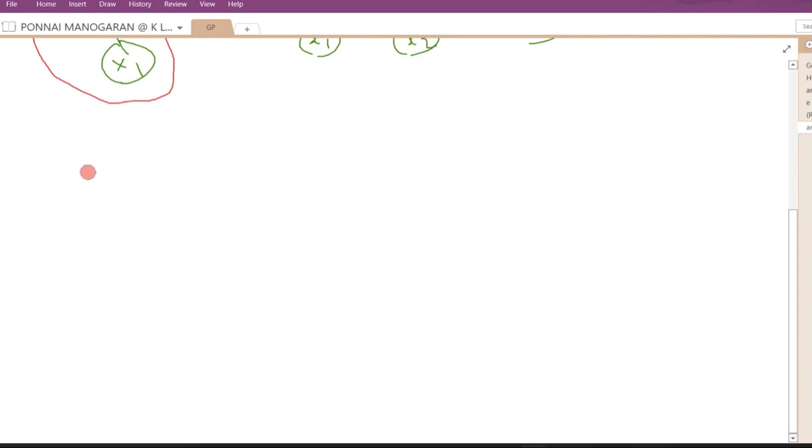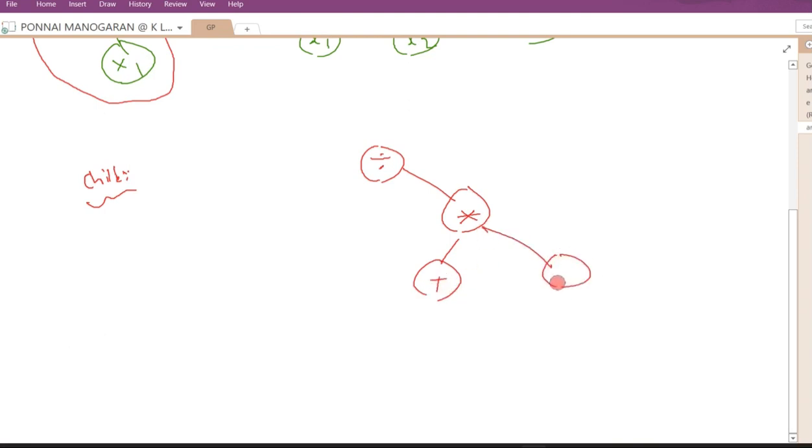So the resultant child will be something like this, or you can say offspring, whatever it is. Square root, and then x2, x1, x2, and again a minus symbol.